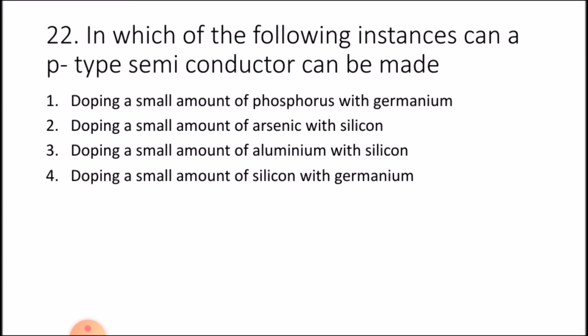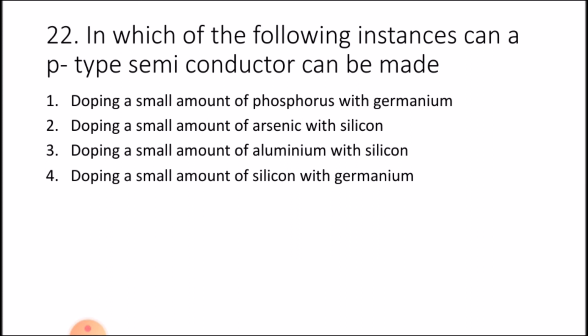When we are constructing p-type and n-type semiconductors, we need to dope certain elements. In order to make n-type semiconductors, we have to dope elements belonging to group 5, because they provide an extra electron in the extrinsic semiconductor.